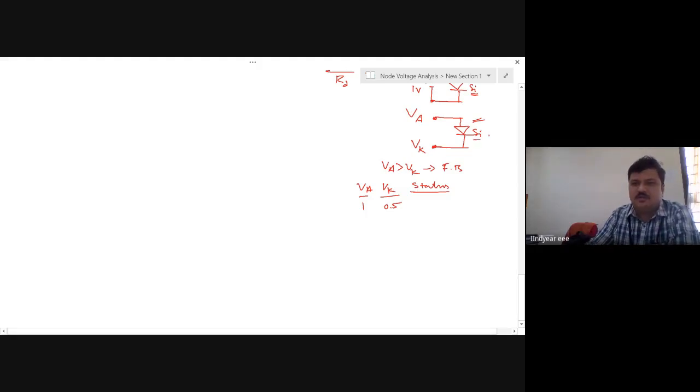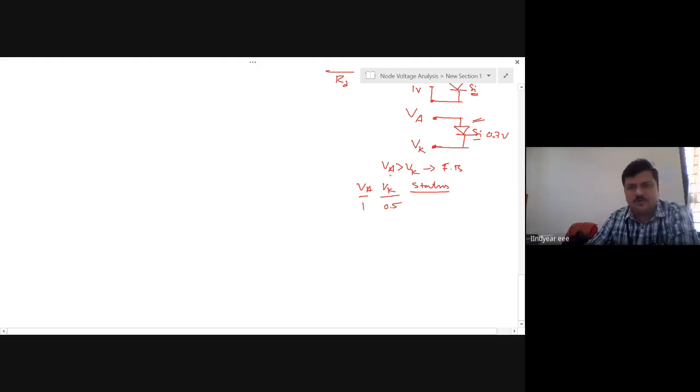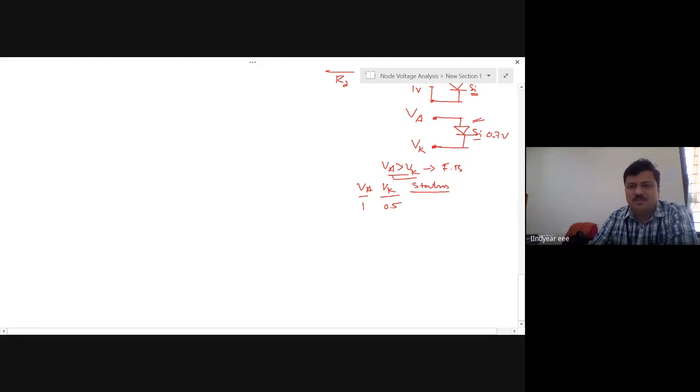It is a silicon diode which needs 0.7 volts. This is where you people go wrong: you thought only of mathematics here, but you forgot the physics. The potential difference across the diode should compulsorily be 0.7 volts if it is silicon. So only I mentioned Si. So it is reverse biased.